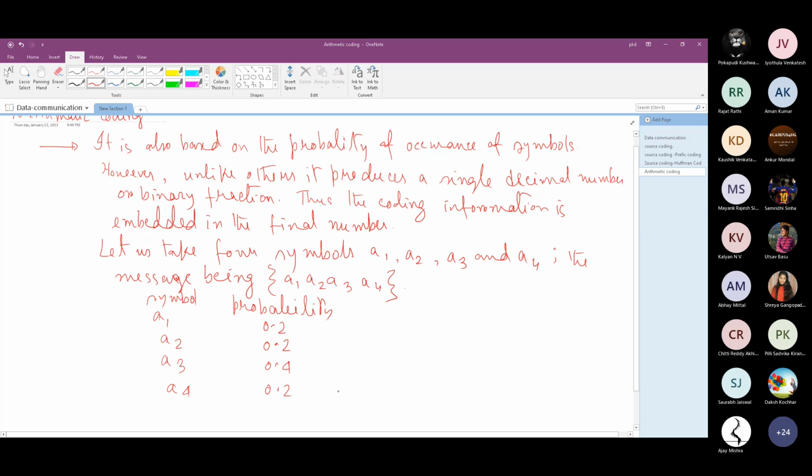In this message, isn't each of them 0.25? No, the probability of occurrence of the symbol A1 is 0.2. This is the probability table.